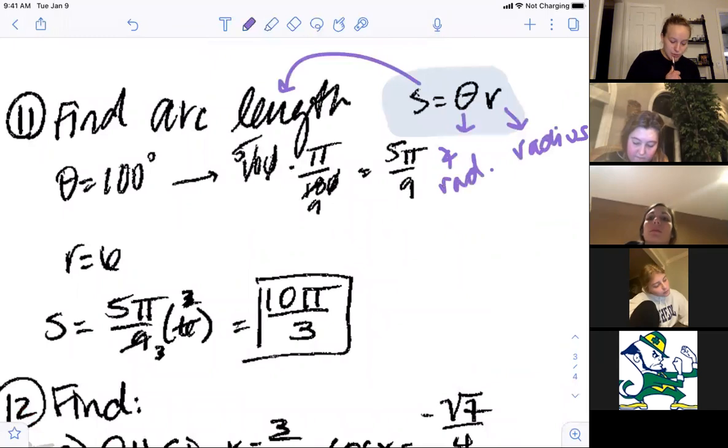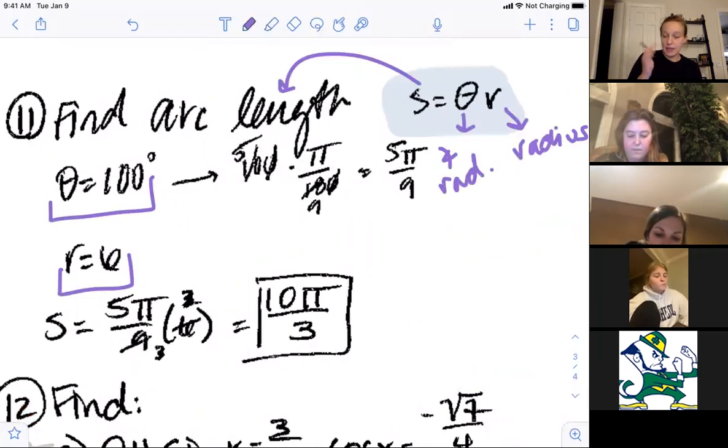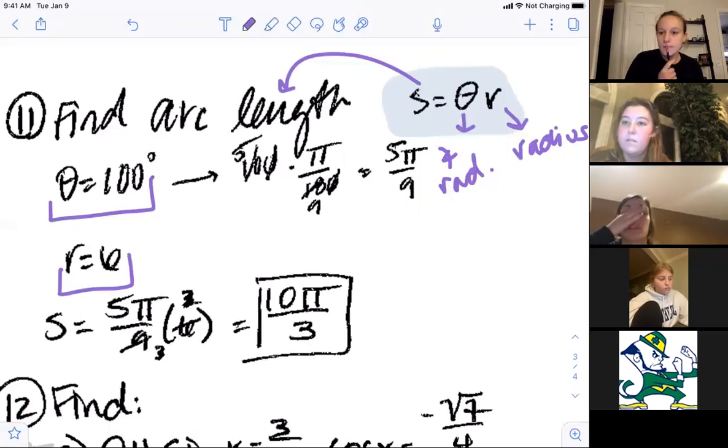I believe I told you that theta was 100 degrees and r was 6. So the only thing we had to do was make my degrees into radians and then multiply those radians times the radius. That makes sense. I don't know why I was confused on that.